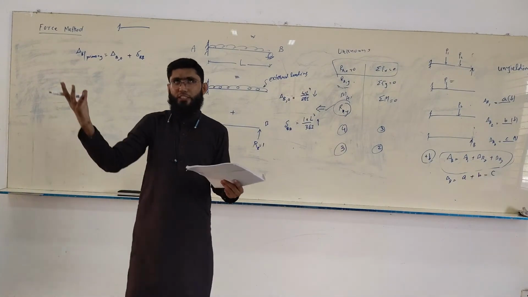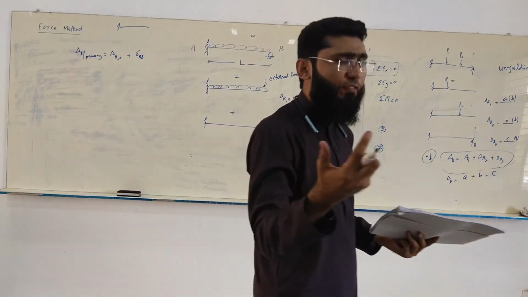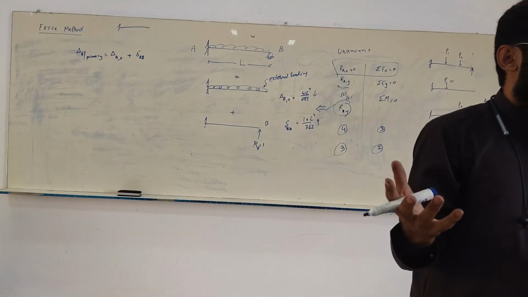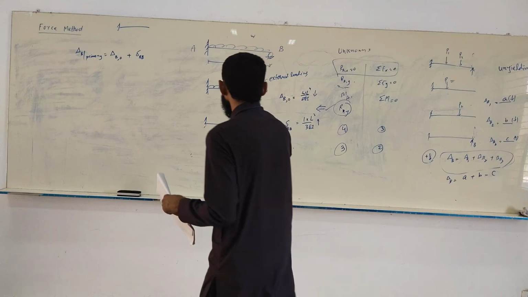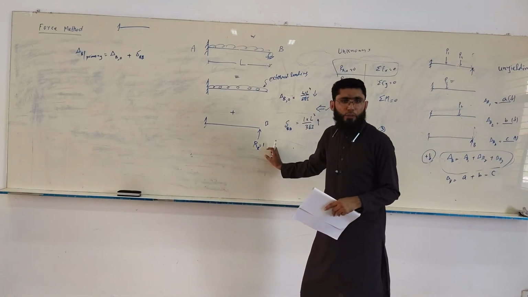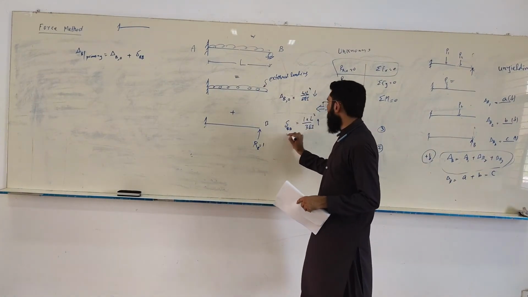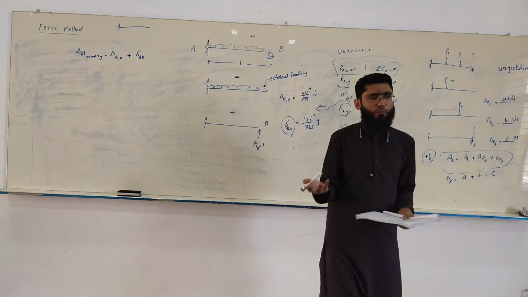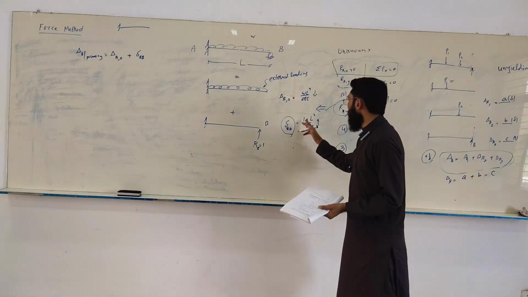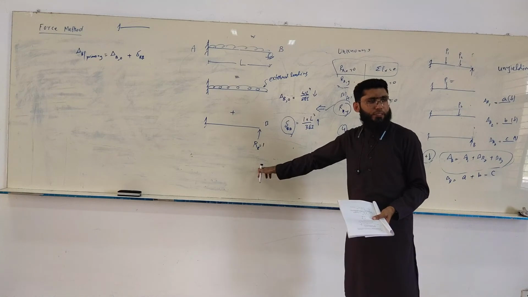If in actual, for example, RB happens to be something like 15 kilonewton, what should be the displacement due to that 15 kilonewton of RB? Whatever is the value for the unit load, you multiply that by 15. It looks simple. You put 1 over here because RB is considered 1 in this location.